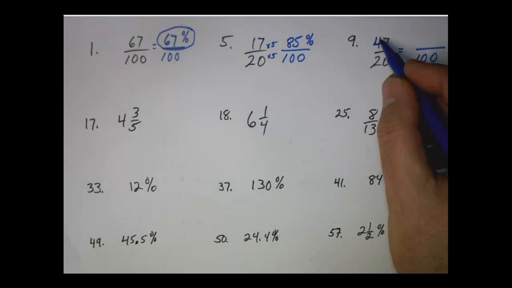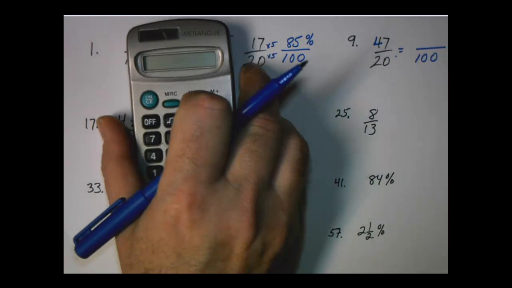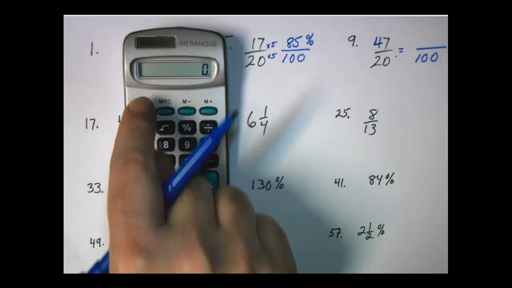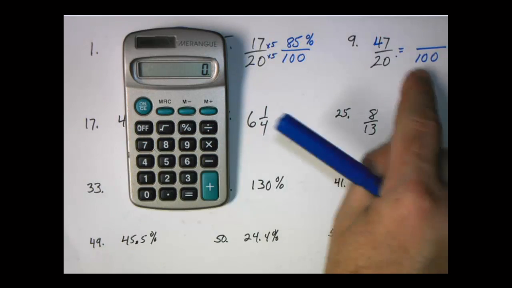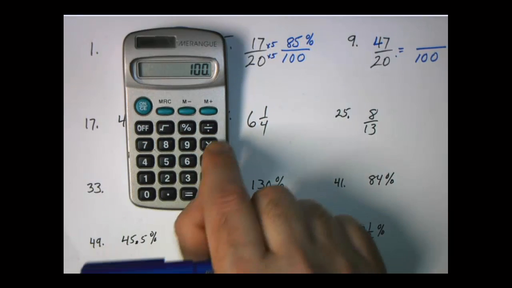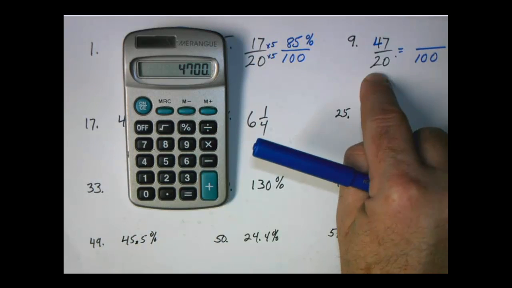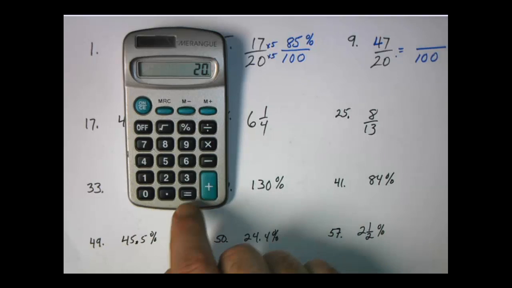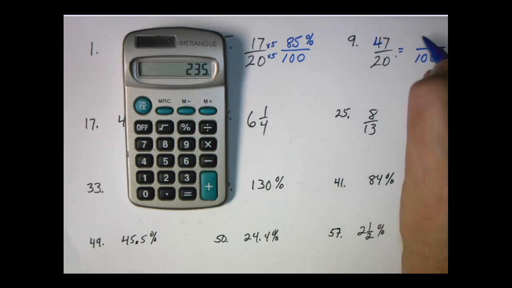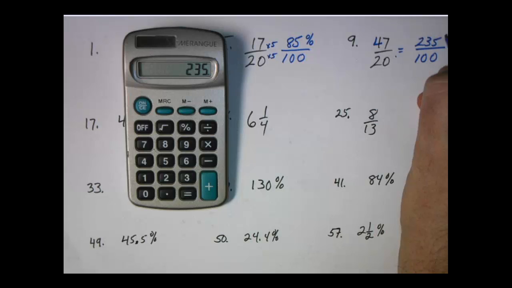Let's do it the other way. Let's do the cross multiply and divide method, just to remind us how we're going to do that. So we're going to have 100 times 47. So 100 times 47 equals 4,700. We're going to divide by 20 equals 235. And as soon as it's over 100, it's a percent.